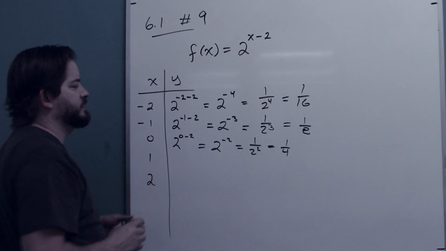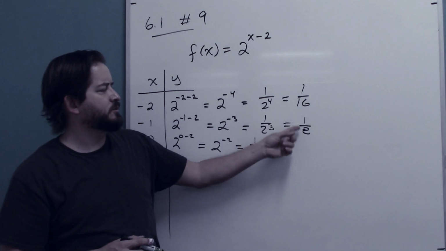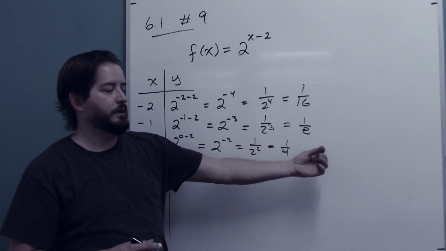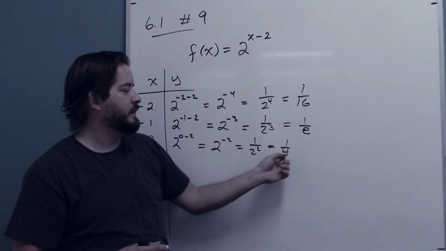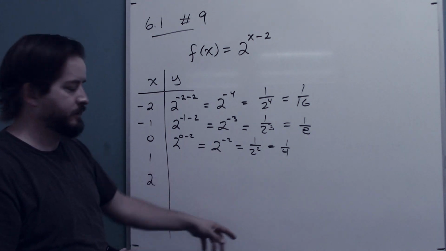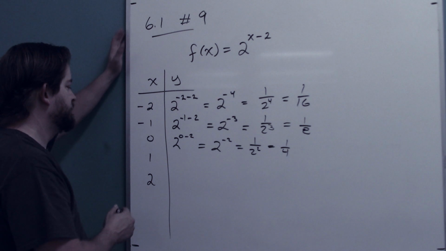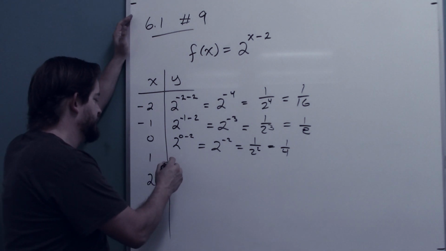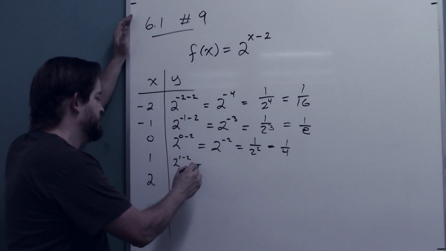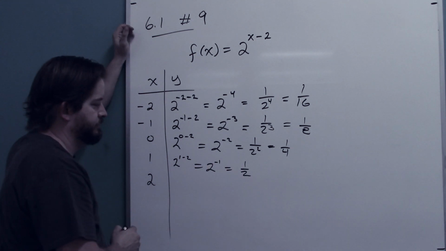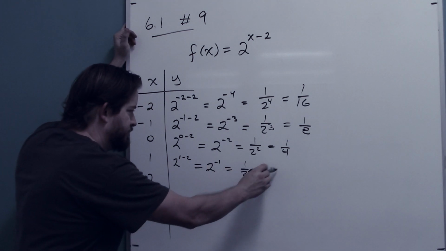If it's 1, and this is the reason I may have to adjust, because these super small numbers aren't terribly helpful. They're very close to 0, they don't change a whole lot. It's the ones down here where x gets larger that might be a little more helpful to me. But if x is 1, this is 2 to the 1 minus 2, or 2 to the negative 1, or 1 over 2 to the 1, which is 1 over 2.